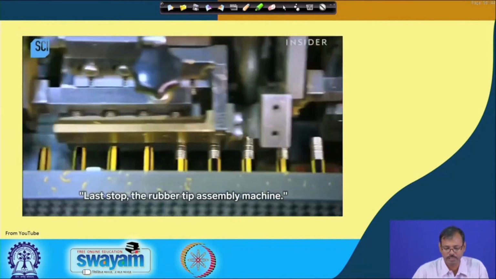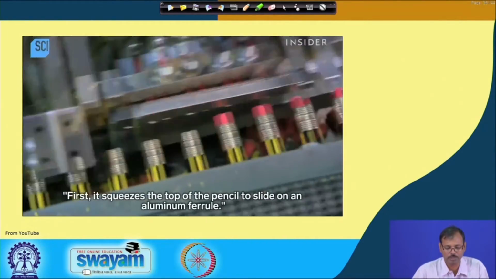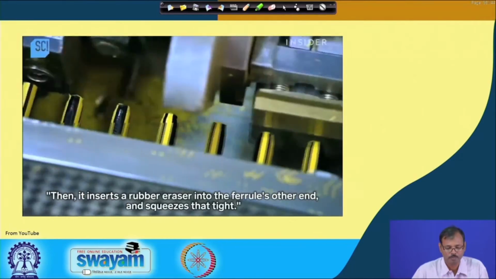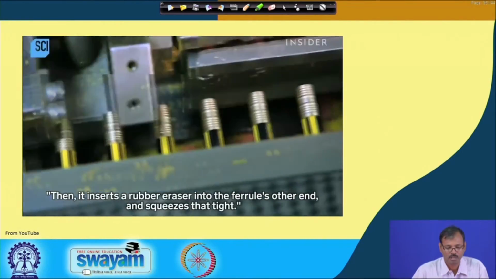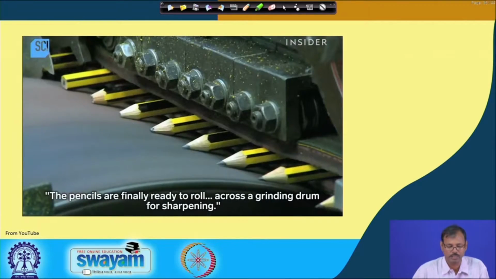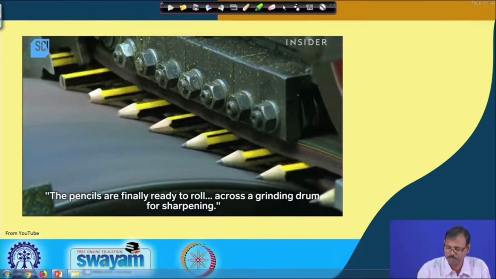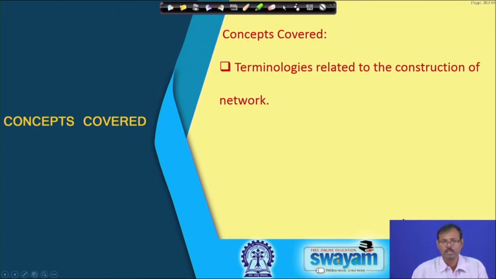Then if it is required, the eraser will be placed on one side of the pencil, and finally they are placed in a box for further shipping. So, in this lecture we will learn the different terminologies used in network analysis.